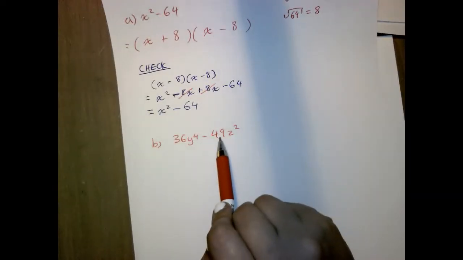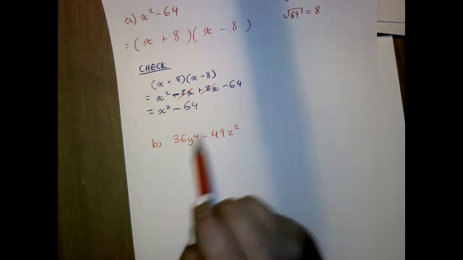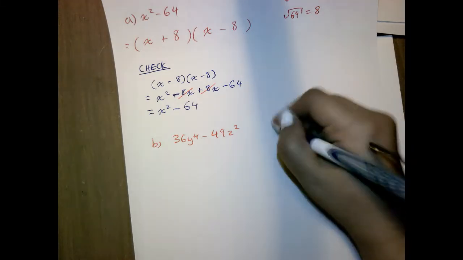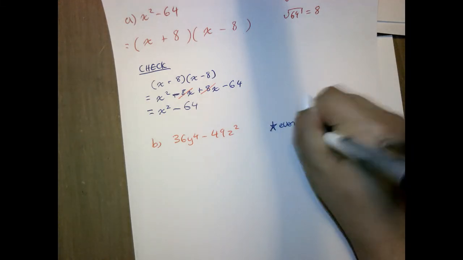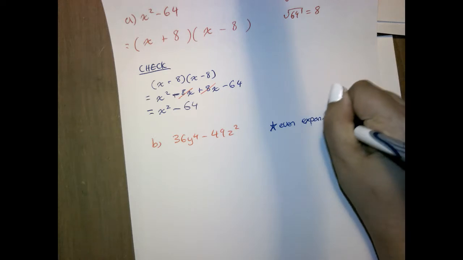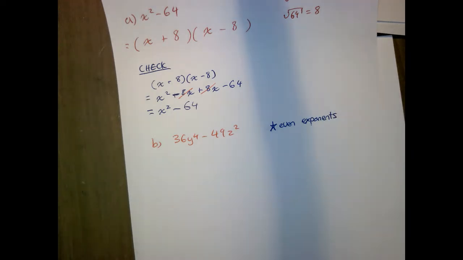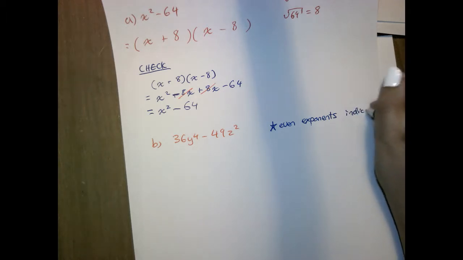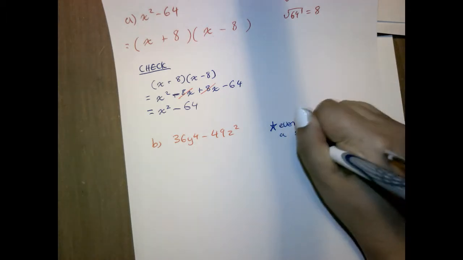We know that 49 is a square. 7 times 7 is 49. And then we also have even exponents. Whenever we have even exponents, we know that they are actually squares. So even exponents indicate a squared number.